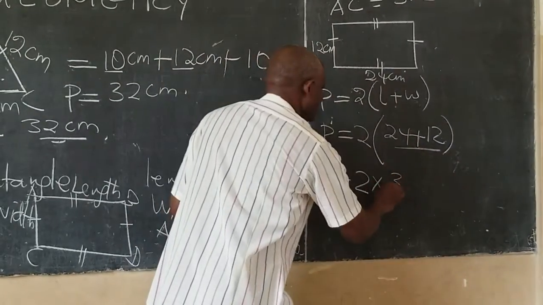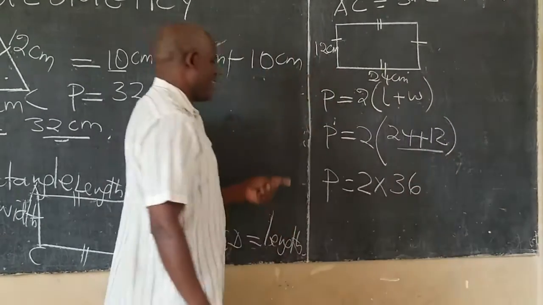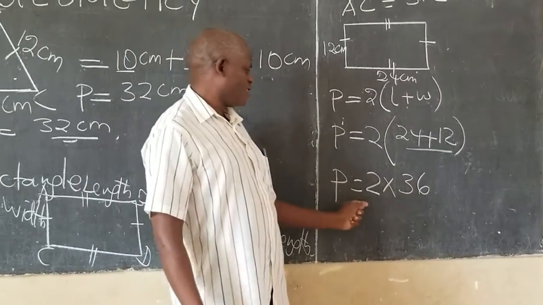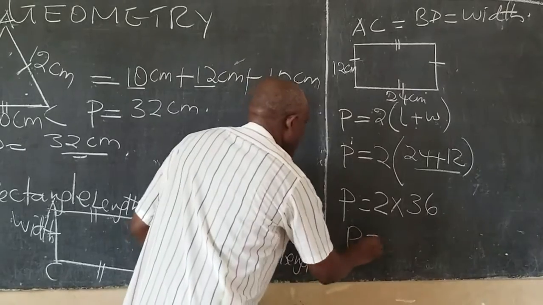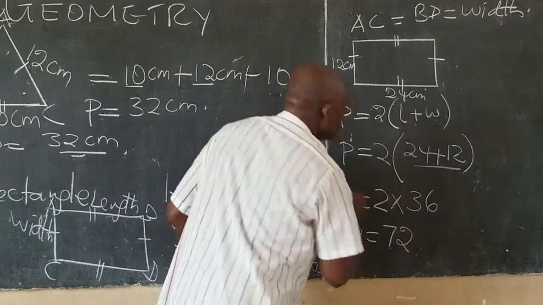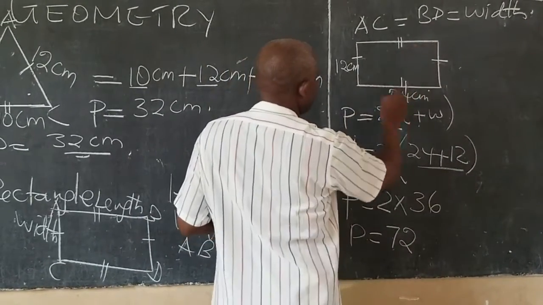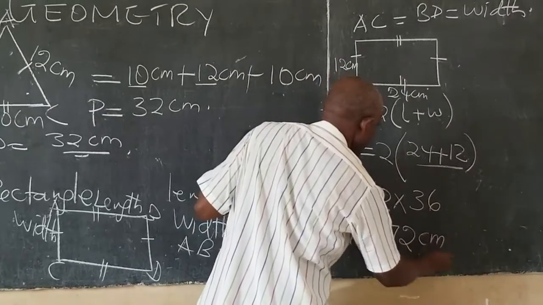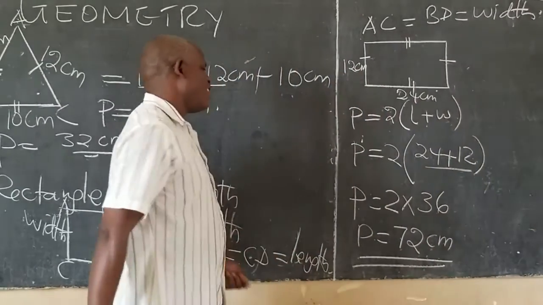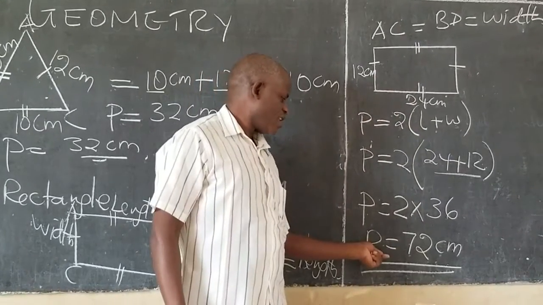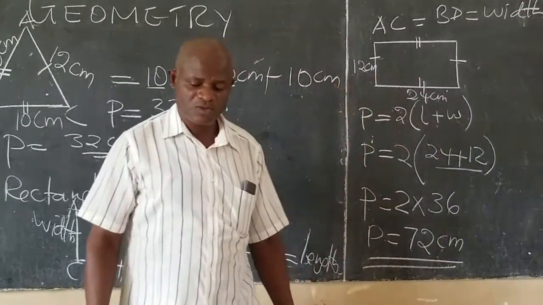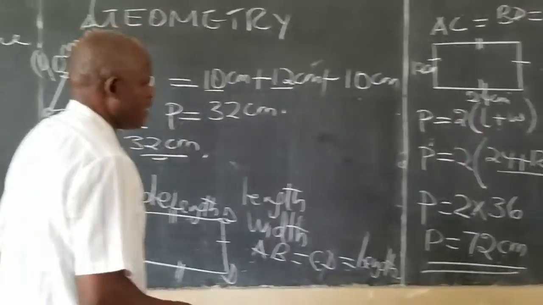You get 36. Now this becomes perimeter is equal to 2 times 36. Now perimeter will be 72. The unit here is centimeter. Therefore, the perimeter of this rectangle is 72 centimeters.